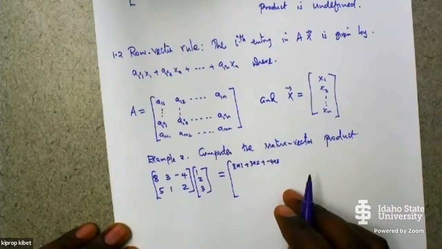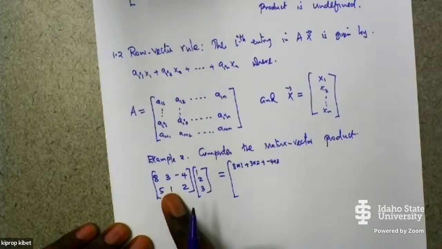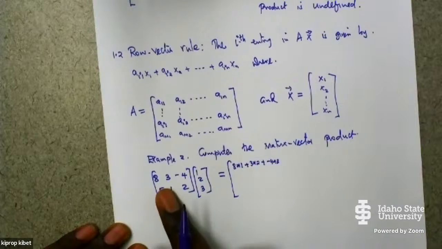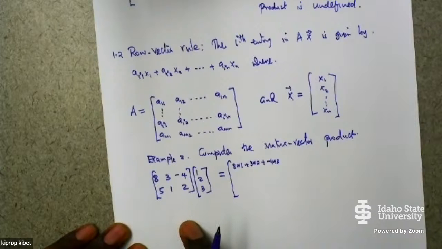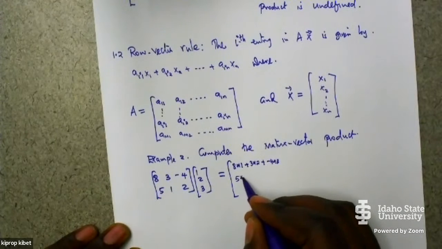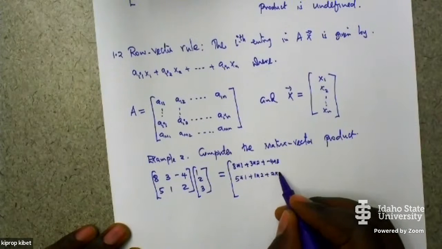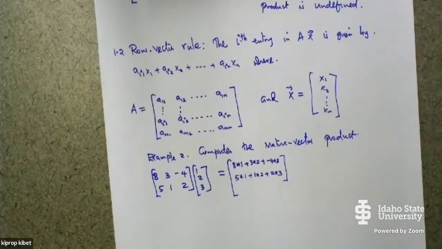The next one will be what? 5 multiplied by 1 plus 1 multiplied by 2 plus 2 multiplied by 3.